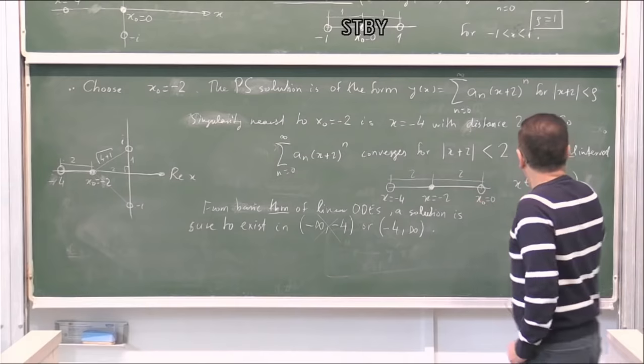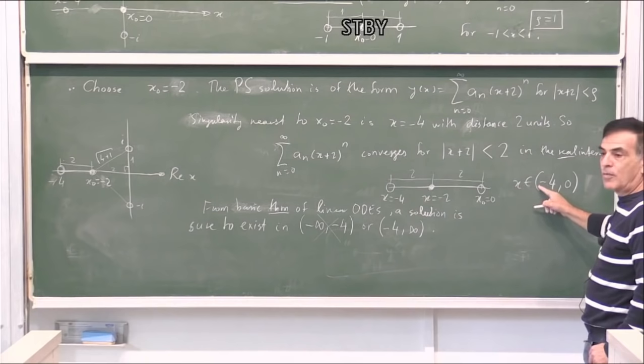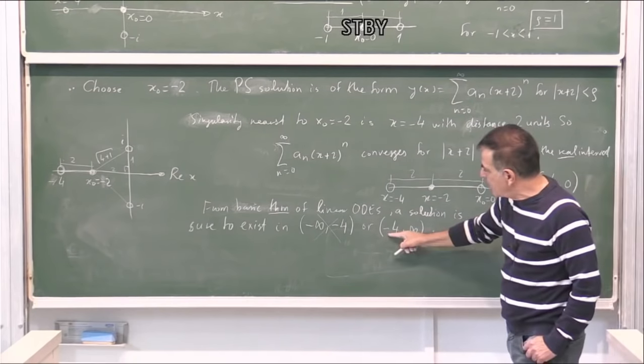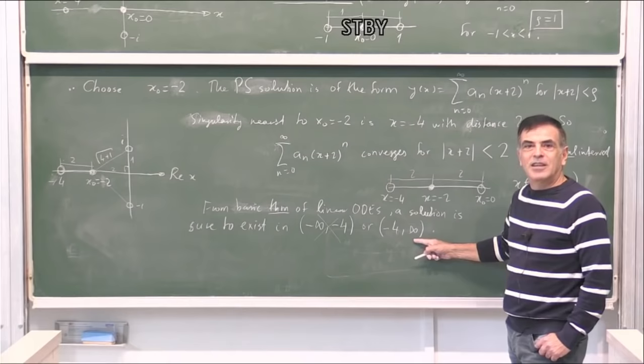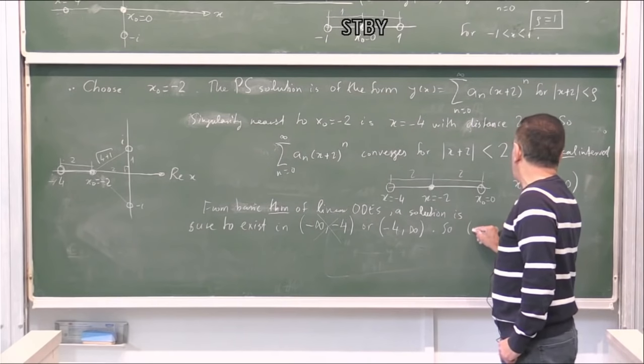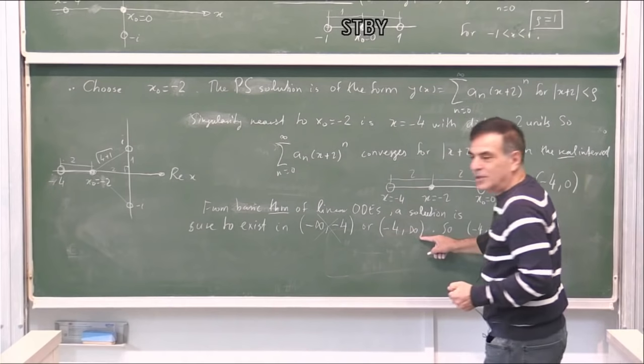But the series solution is sure to converge from -4 up to 0, which is a sub-interval of this interval suggested by the basic theory of linear differential equations. So (-4, 0) is a subset of this interval.